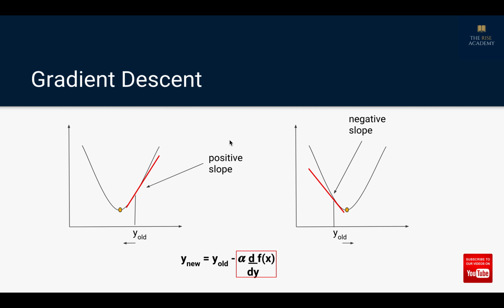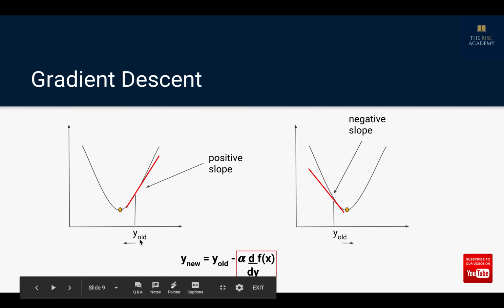So let's say that this is my function, y equals f(x), that function is this. And this is my minimum point, right? And then I want to find this point, and I start at some random point here, which is my y old.